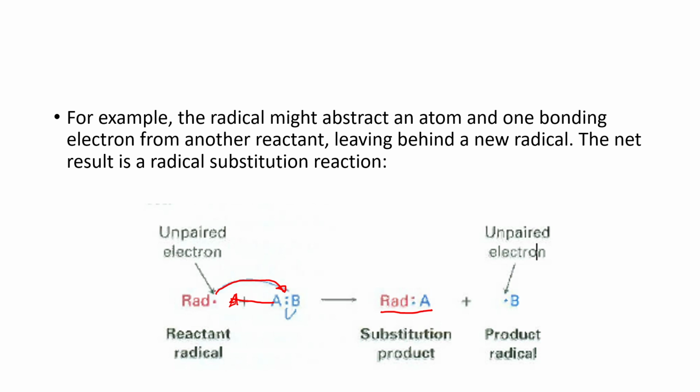Okay, so what happens is this electron and this electron form this bond. However, what happens to the other electron? This other electron will move towards B, and B will separate. That is why you have B here. That is the next radical. So it is a substitution reaction in which you yield another radical.